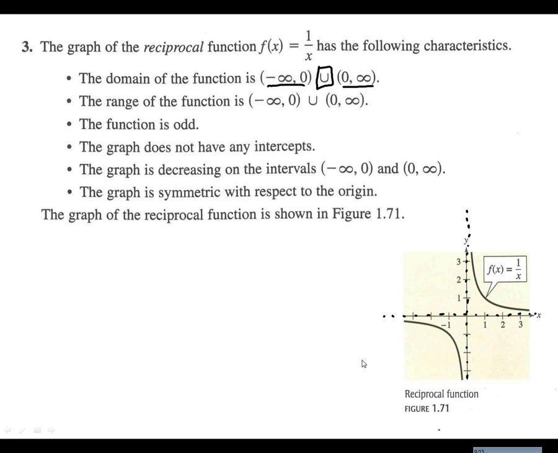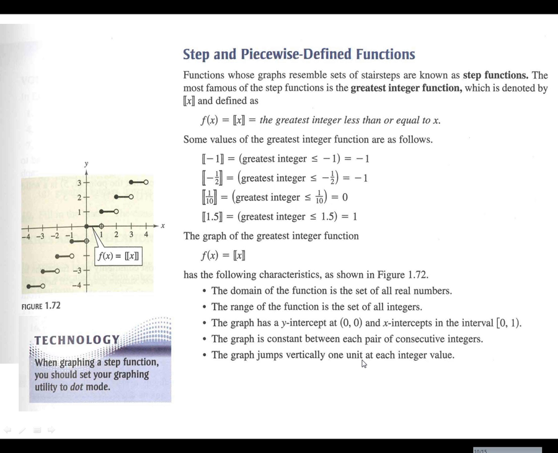Y, same thing, it can be anything you want except y cannot equal 0. The function is symmetric with respect to the origin, so it's an odd function. It does not cross any axes, so it does not have any intercepts, and we're decreasing over the entire thing. We're going down in the vertical axis.